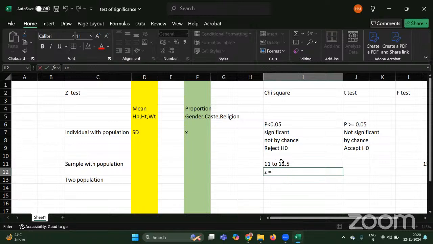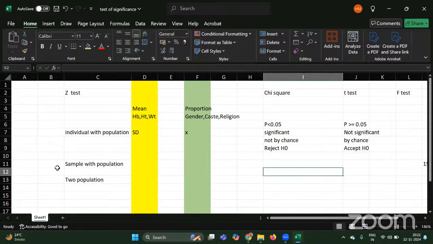Take the area for 12.5, and from that, remove the area for 11. Whatever is remaining will be the area under the curve. That is the proportion of persons in terms of unity. So you can multiply by 100 and get a percentage. And then you will be able to find how many people will be between 11 to 12.5. So you need to look at the Z table, which we learned in the previous session. This is also an advantage of using standard deviation.